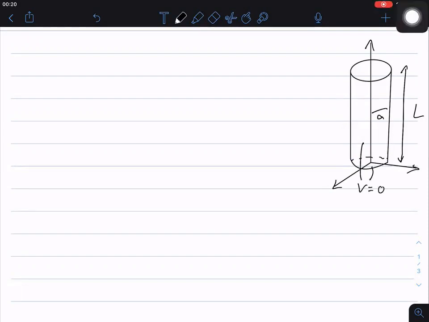And for the top face, the potential is given by a general function f as a function of rho and phi.